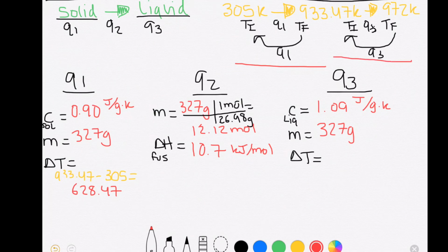That's going to be 972 minus 933.47, which is going to give me 38.53 for that delta T.